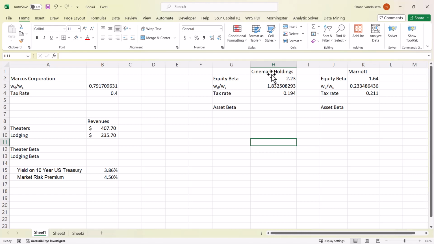So here I've got Marcus Corporation. The most recent year, their theater revenue was $407.7 million, and their lodging revenue was $235.7 million. And so we see here that they're two very distinct companies.